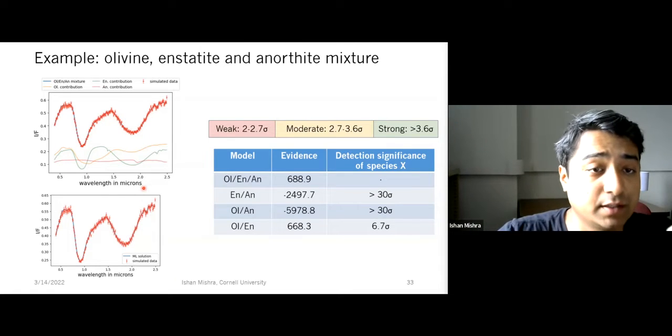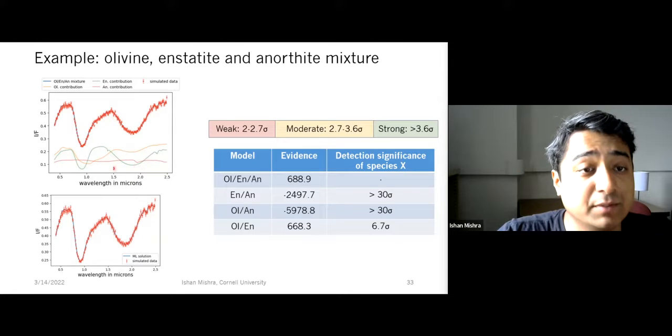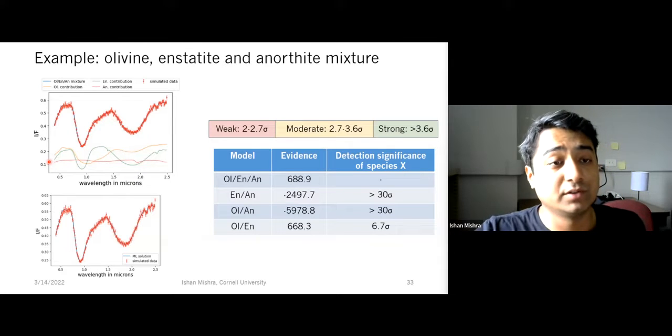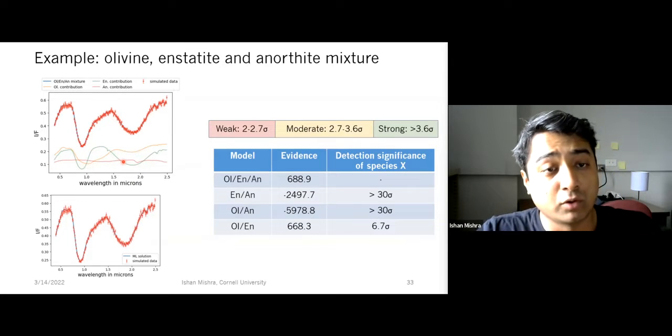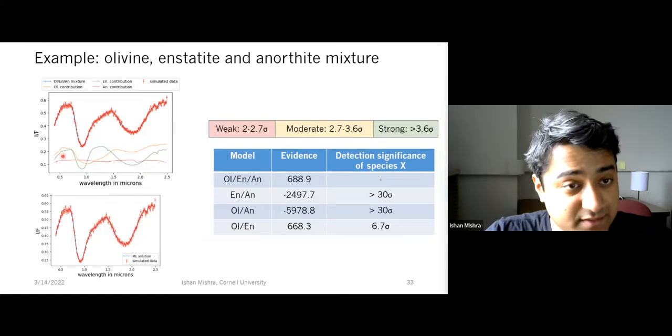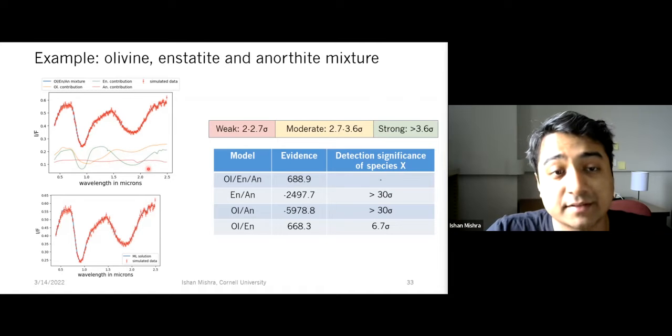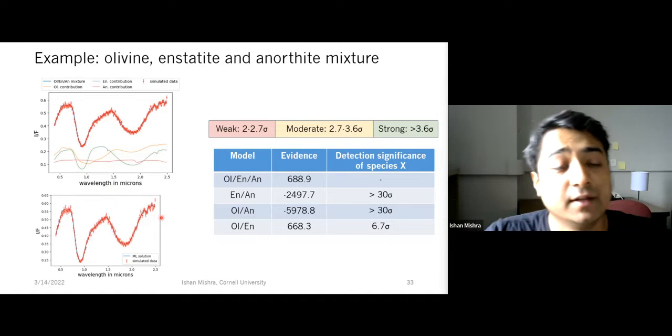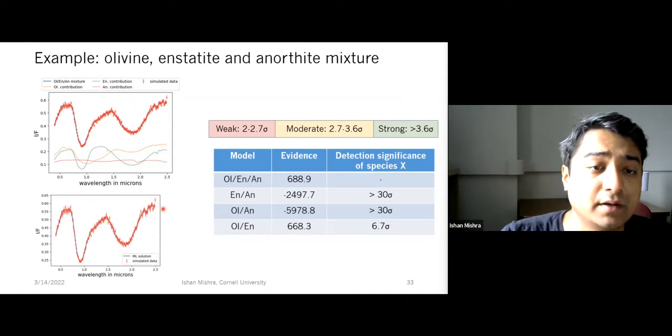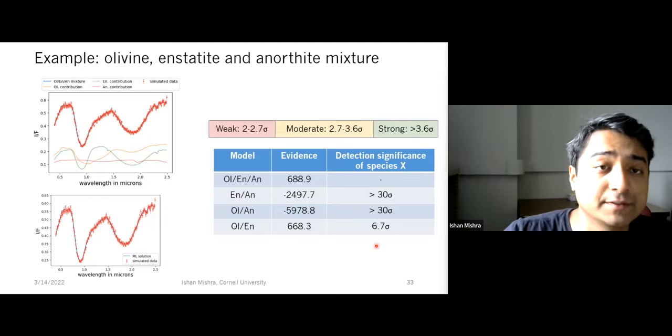And that is because there is a mild feature here, but it's also taking into account the contribution from anorthite at all wavelengths, because it's not really like a flat line. It has some characteristic continuum. And so that is how it is able to return this strong significance.